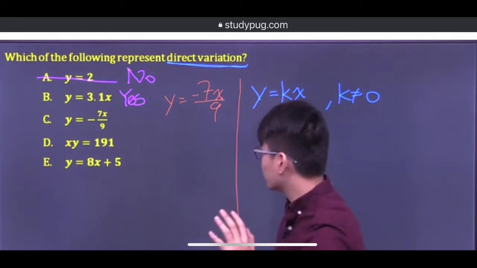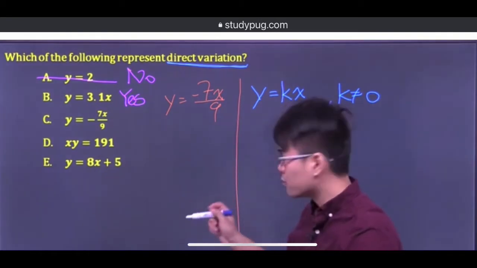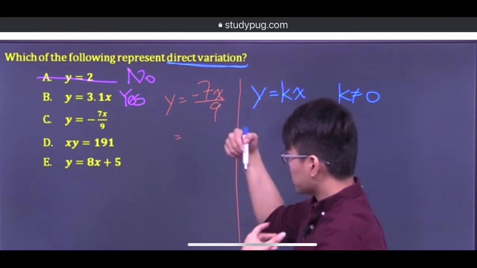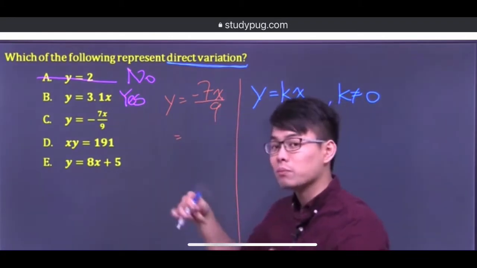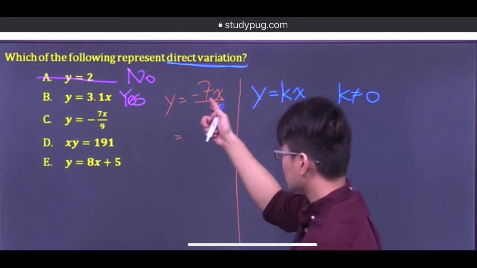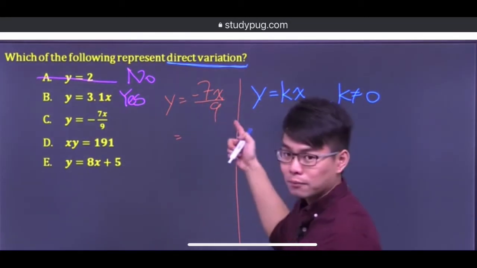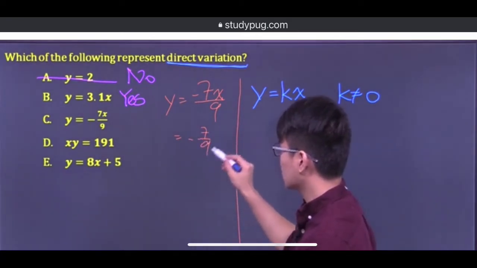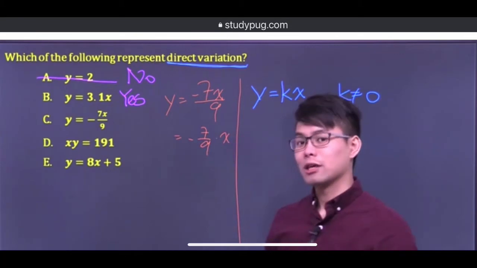But if we rearrange this equation just a little bit, let's see what happens. We might be inclined to think of negative 7x divided by 9, but we can think of it this way: negative 7 over 9 times x. They mean the same thing.